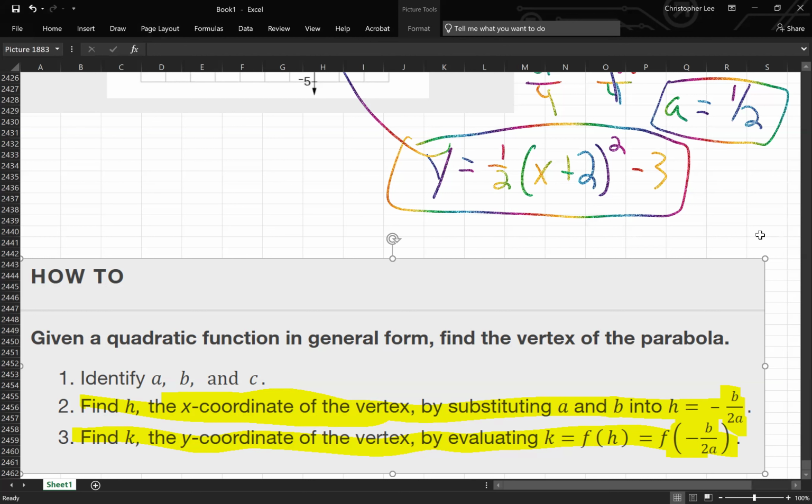Remember, H is going to be negative B over 2A. When you find that answer for H, you plug it into the regular equation that you have, the AX squared plus BX plus C. And then the answer that you get back out from that, that's K. Put them together, you have the vertex, right? And that's how you find the vertex from a standard form.